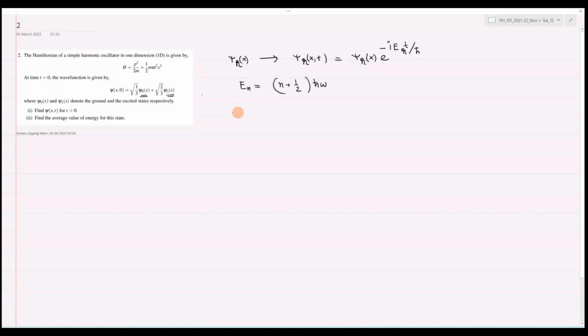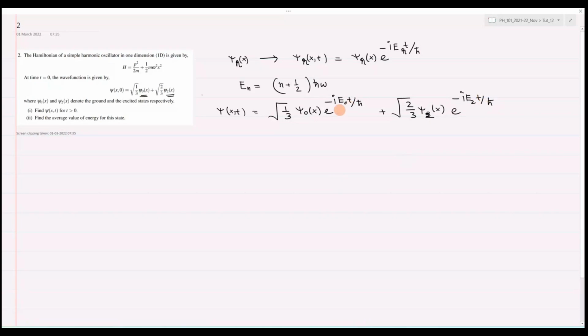Because now you know how the stationary states evolve with time and what the energy looks like, you can simply find psi x at t. It will become the constant 1 by 3 psi 0 x e to the power minus i E0 t by h cross plus 2 by 3 psi 2 x e to the power minus i E2 t by h cross.